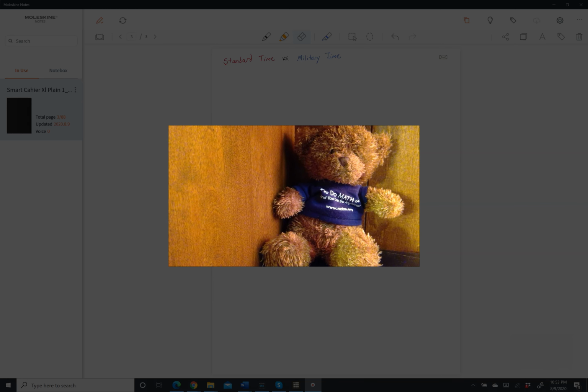Military time is a 24-hour clock. In standard time, we typically need to use AM and PM in order to differentiate between whether we're in the morning or in the afternoon. We don't have to do this with military time. So 12 a.m. would be considered 0 hours, or we would say it as 0000.